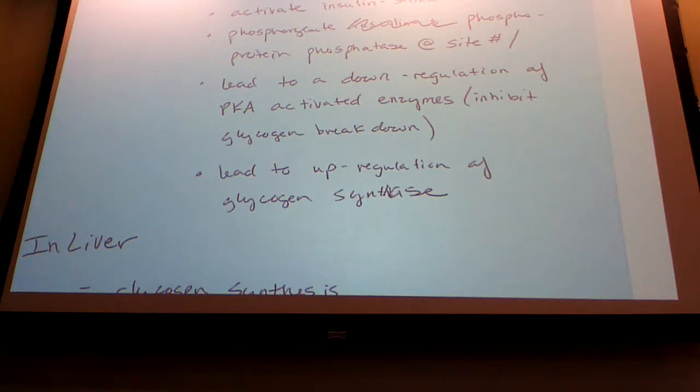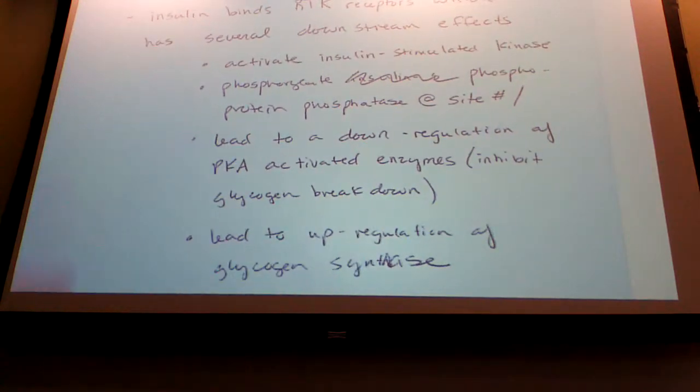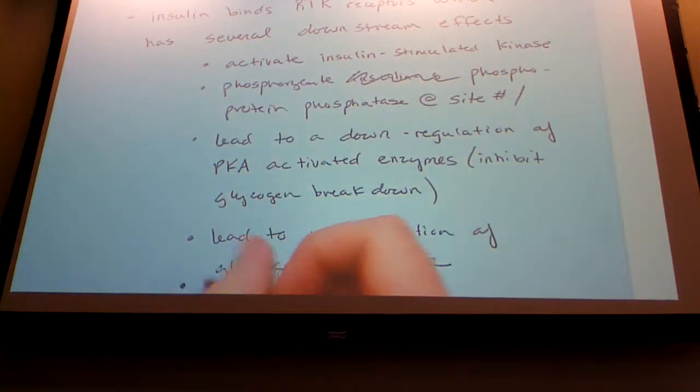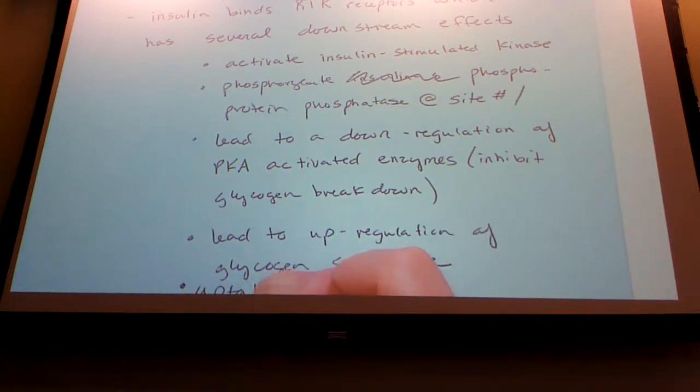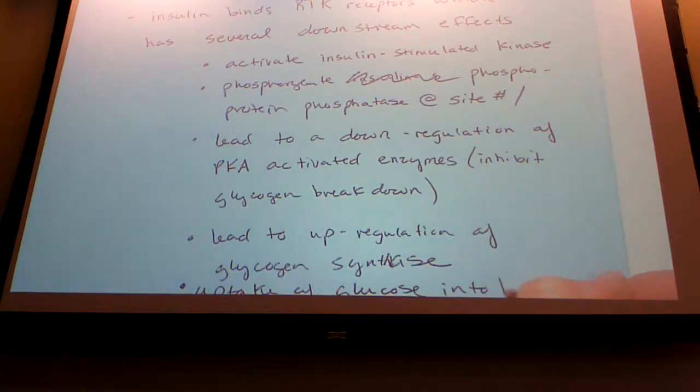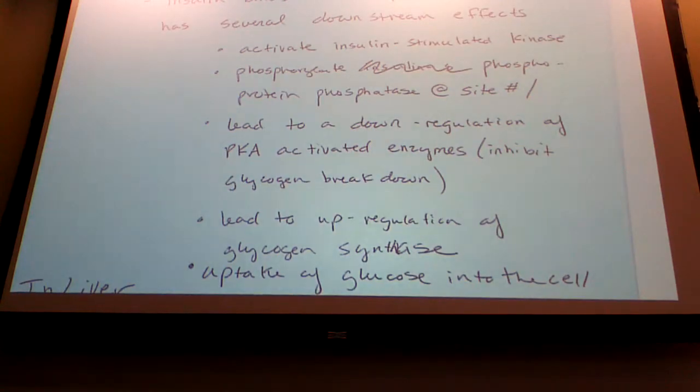I'm sorry, can I write one more thing after the? We have to have that bullet point here. Is uptake of glucose into the cell. You might not remember this. We did talk about that last semester as well, where we were talking about examples of transporter proteins and those GLUT transporters, which were examples of transporter proteins where you bind glucose on one side, conformational change, release it on the other side of the membrane.